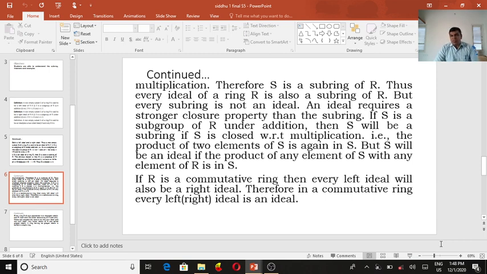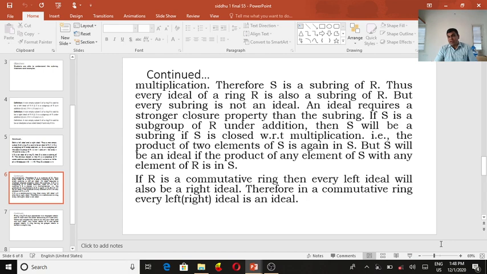Therefore S is a subring of R. Thus every ideal of a ring R is also a subring of R. Keep it in mind: every ideal. The ideal property and subring property are similar, but an ideal is stronger than a subring.